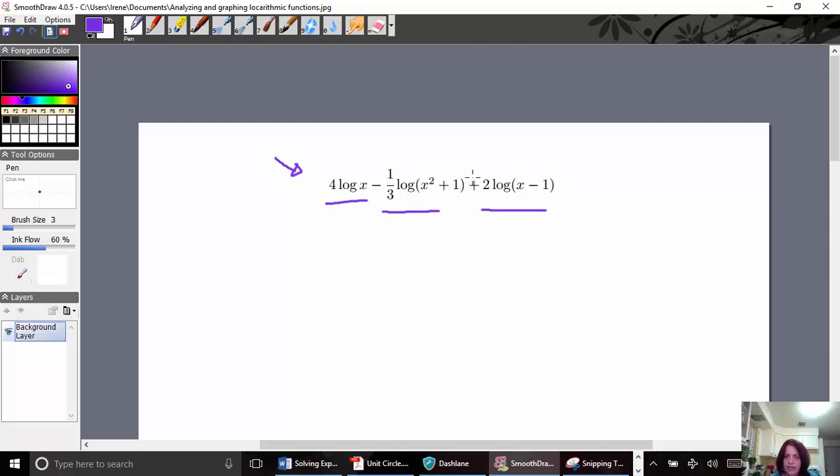The first thing that we can see is that we have a plus. And this means that we can add this term right here with this term right here. And then we will subtract this term right here. So I will rearrange them in order to make sure that we make no mistake.